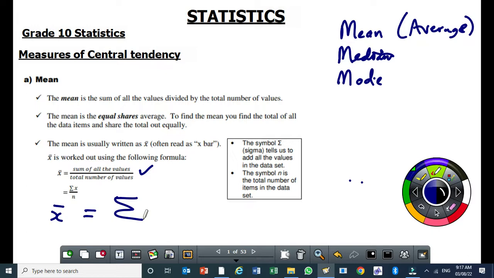Sigma stands for sum. So the sum of all the values divided by the number of values. So this is the formula which can be used to calculate the mean. But in most cases you will use your calculator, which I'll show you later on.